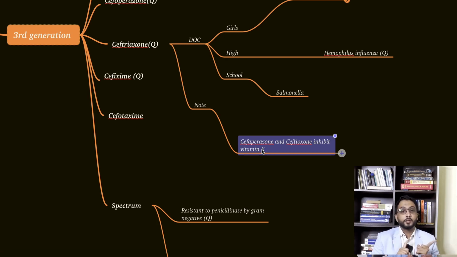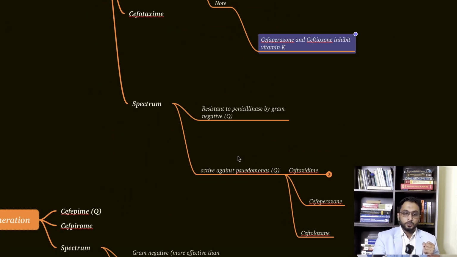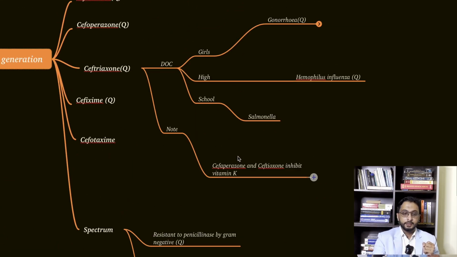You can't keep cefoperazone and ceftriaxone with warfarin together because it causes drug interaction and bleeding, because warfarin is an anticoagulant that thins the blood, which can, as a side effect, cause bleeding. Another drug which can potentiate the action of warfarin is these two third generation drugs. Please note.